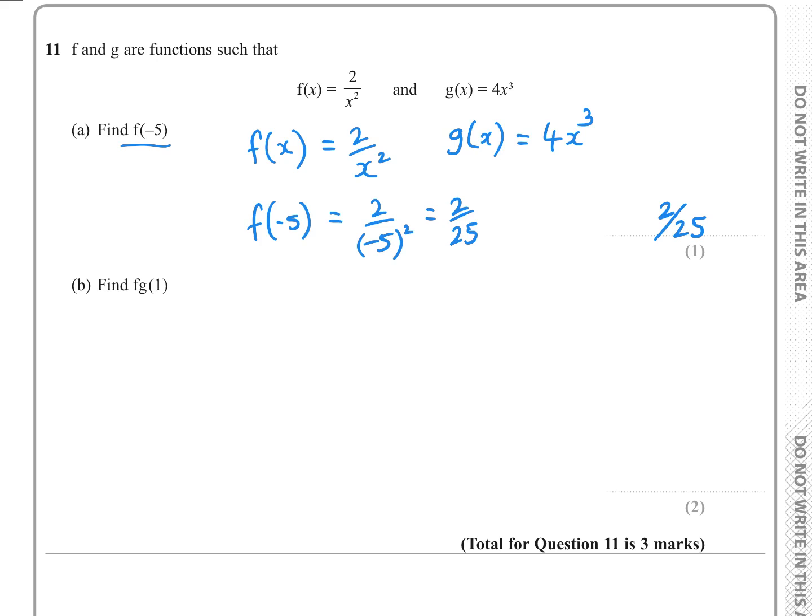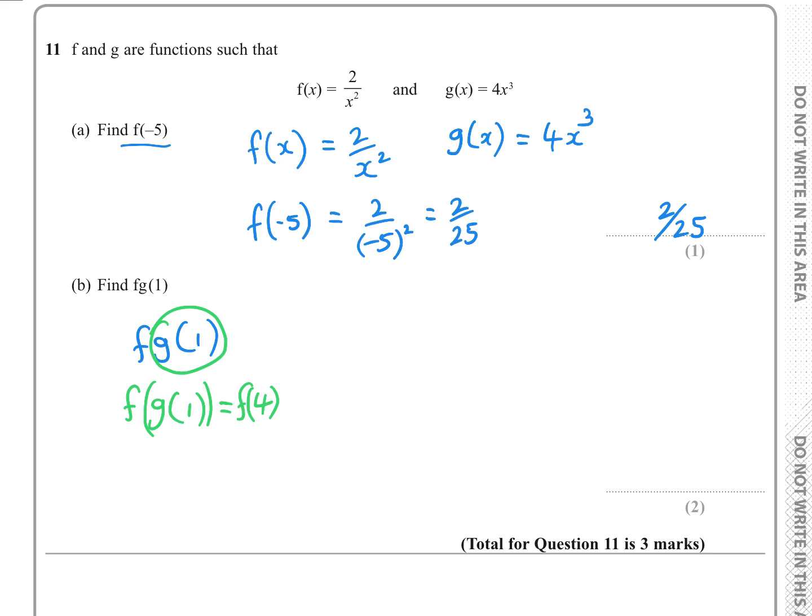Find f of g of 1. Well, we start from the inside here. So in this case we start with g taking on 1, and g of 1 would be 4 times 1 cubed, which is just 4. And then we'd have f of this would be the same as f of 4 as the input.